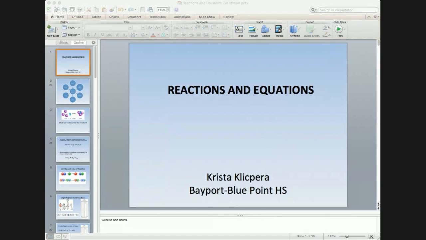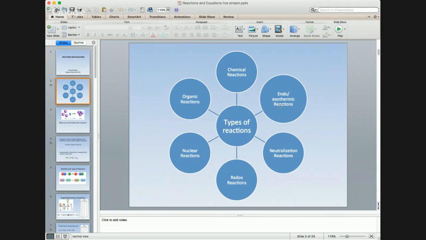There's a lot of different types of organic reactions. And then we also have nuclear reactions. And then there's also redox reactions, neutralization reactions, endothermic and exothermic reactions. So there's a whole bunch of these different types of reactions. We're going to touch on a couple of these, and I know in your other review sessions today, you're going to touch on a lot more of them as well.